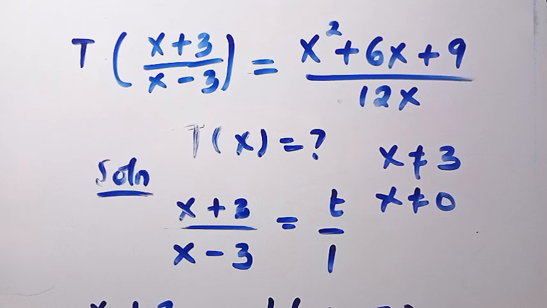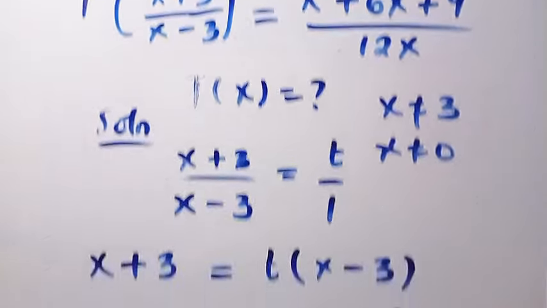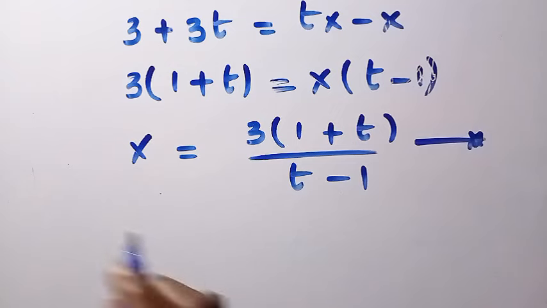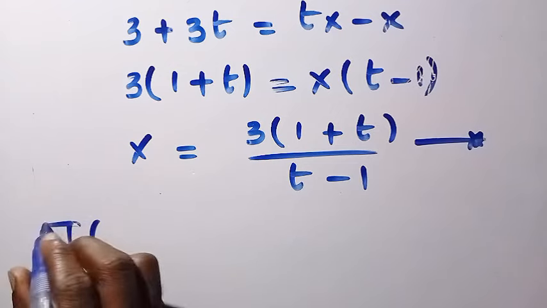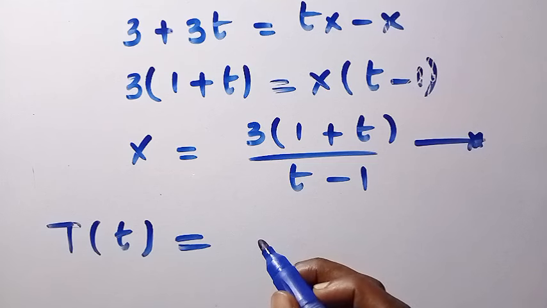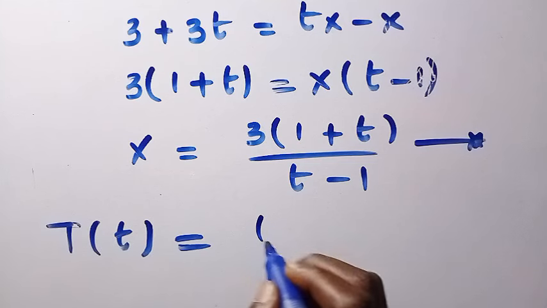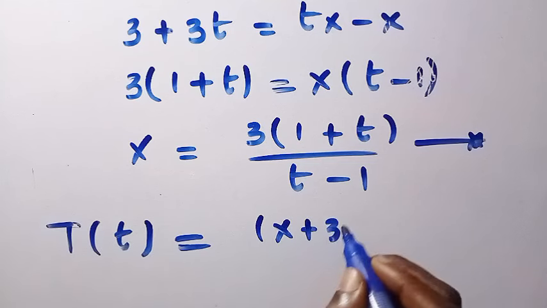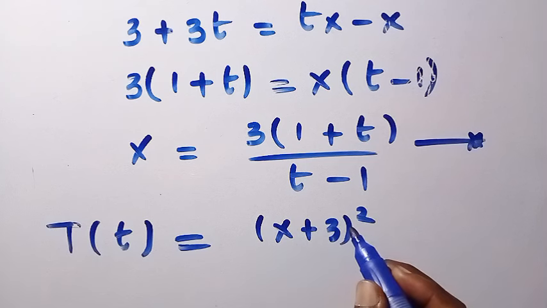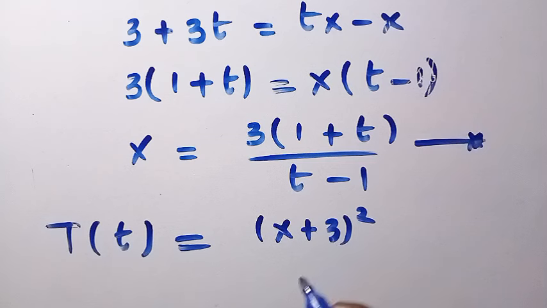Then we replace every single x with 3(1 plus t)/(t minus 1). On the other side, we have t of t equals x squared plus 6x plus 9, which is given as (x plus 3) all raised to the power of 2. If we expand (x plus 3) squared, we get x squared plus 6x plus 9. Then everything is divided by 12x.